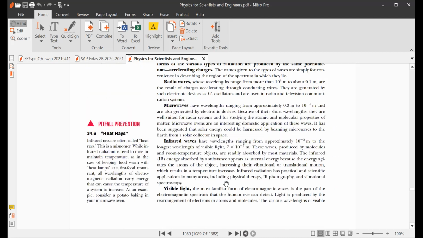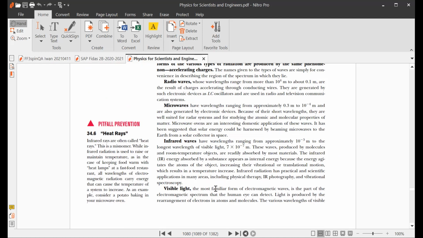So the next one is visible light. Visible light is used by our eyes to see things around us.